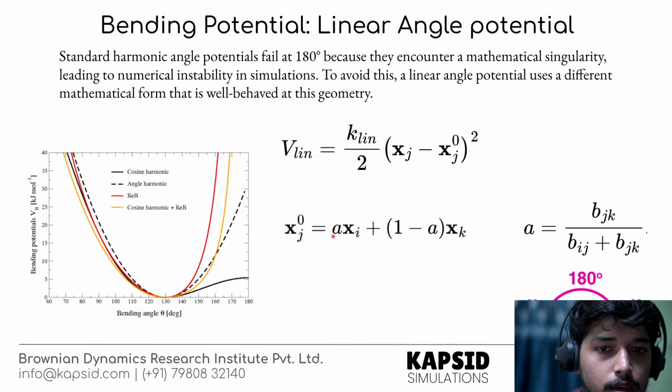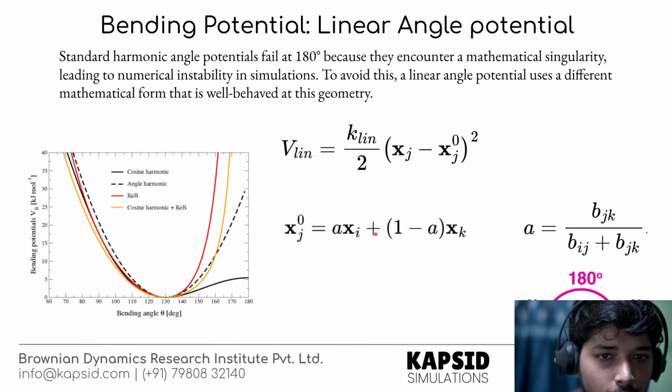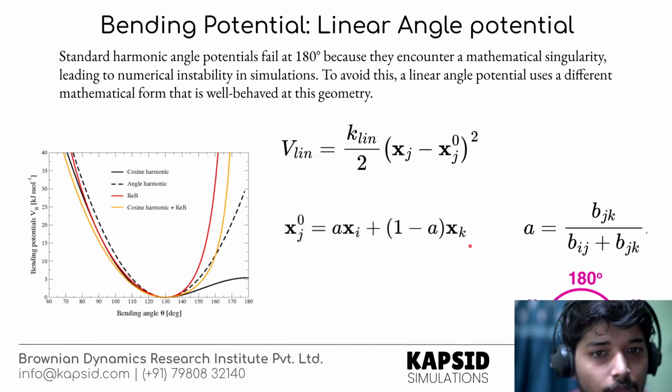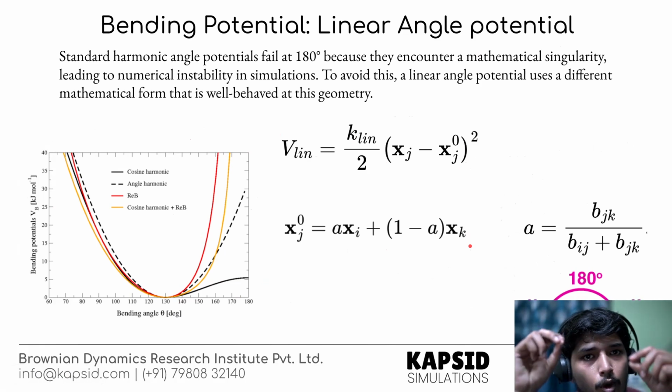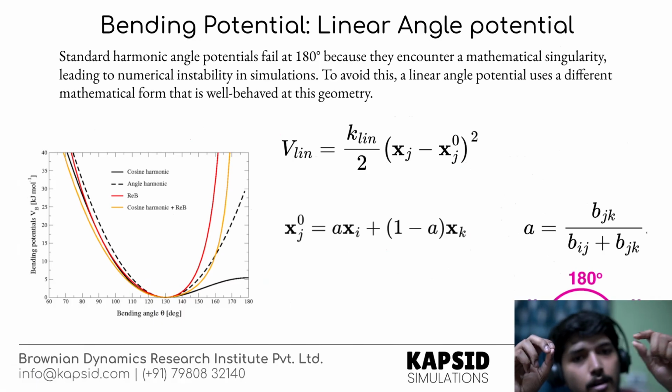It is basically a multiplied by x_i plus 1 minus a times x_k. So what is j, what is i, what is k? These are the three atoms that we were talking about. Oxygen is i, carbon is j, and the last one is k.